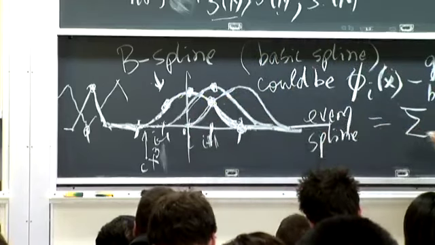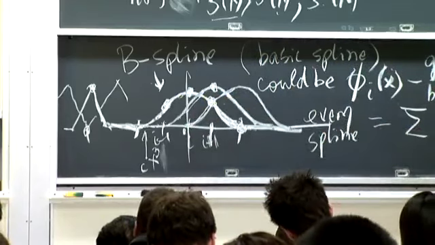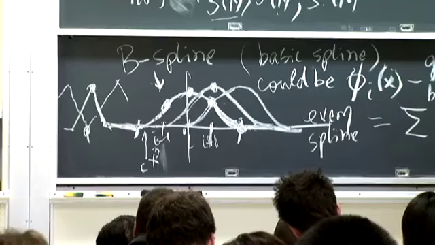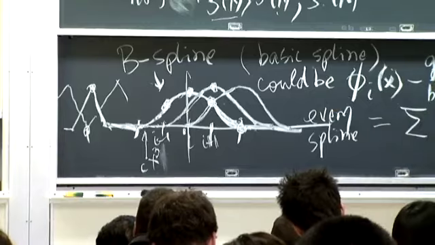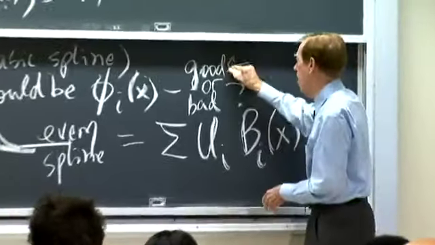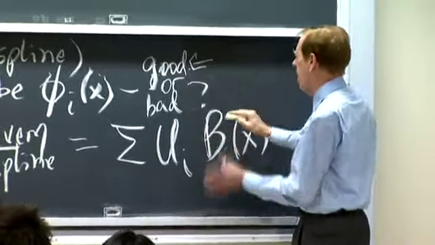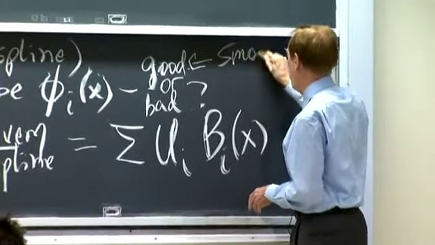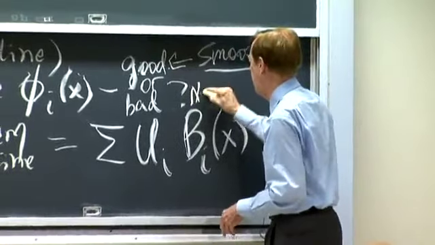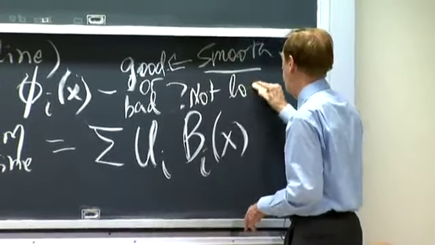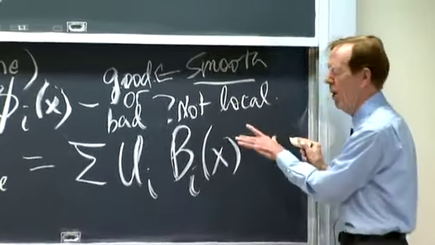In other words, it's not as local as the other construction. And that's why I would say good because it's smooth, but bad because it's not fully local, not completely local.